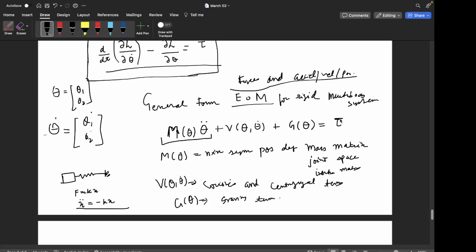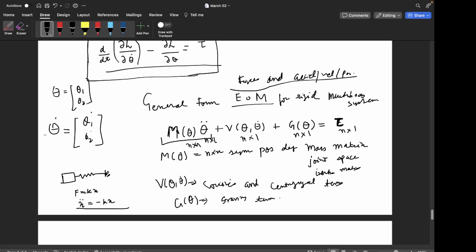And the sum of all these gives you the joint torques. So this is an n cross 1 vector. N is the number of degrees of freedom, number of motors, actuators, right? And this is n cross n, and this is n cross 1, so n cross 1, right?